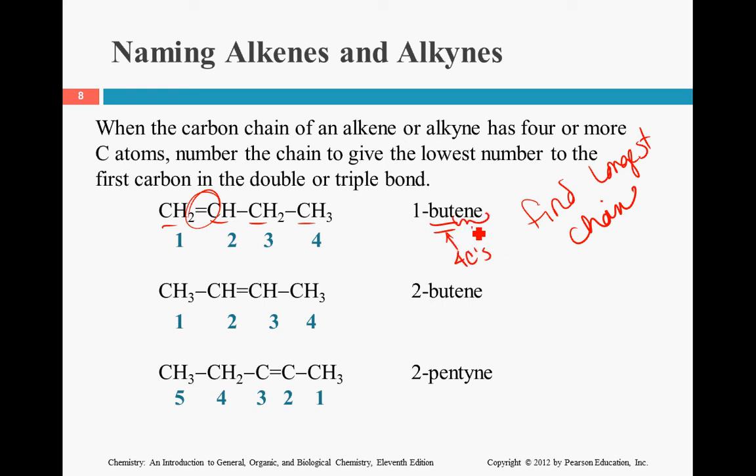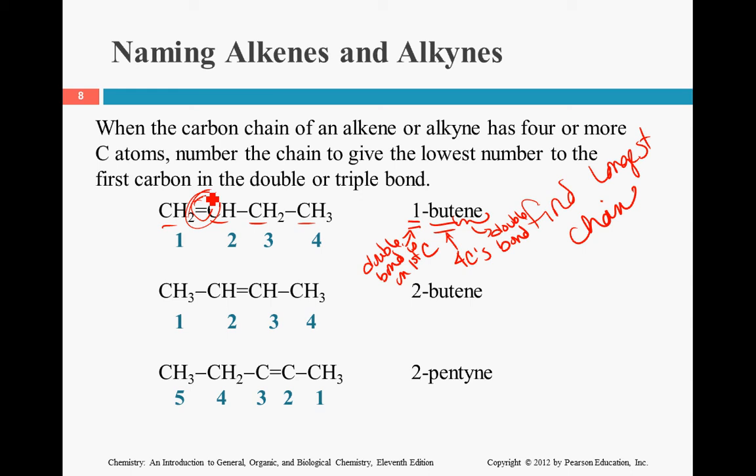E and E is because there's a double bond. And then this 1 here means that the double bond is on the first carbon. When you number the carbons, you're going to want to begin with the side that's closest to the double bond.